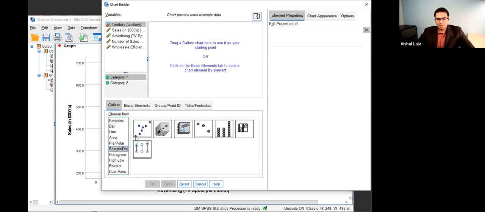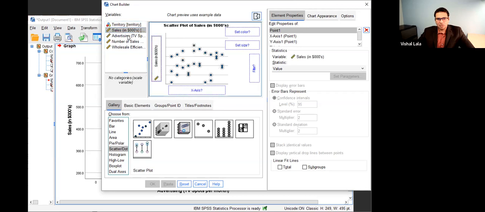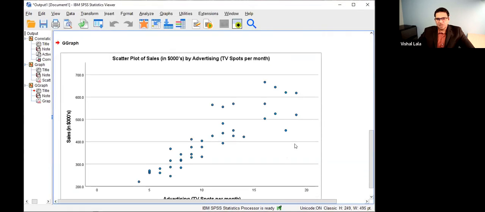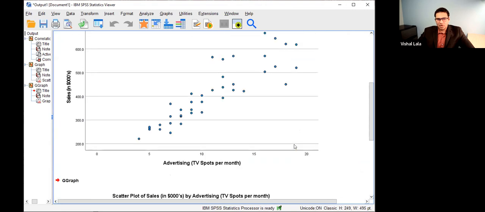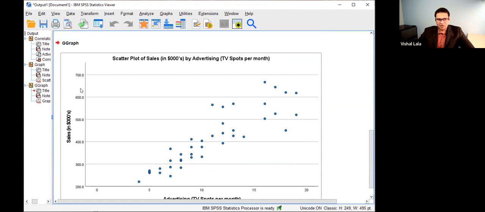I'll pick scatter and then drag the scatter plot that I want into the window on top. And then where it says x-axis and y-axis, we'll drag and drop the variables that we want to express. With that done, hit OK. Here's our scatter plot. The picture is the same, regardless of whether you use this one here or use the legacy graph, as we call it.